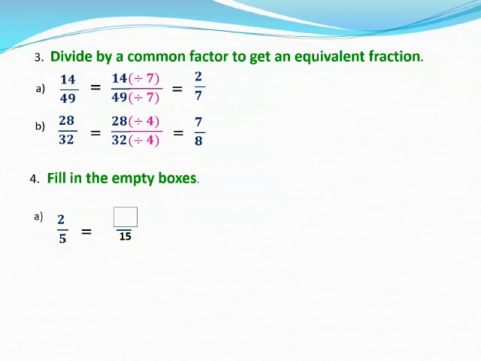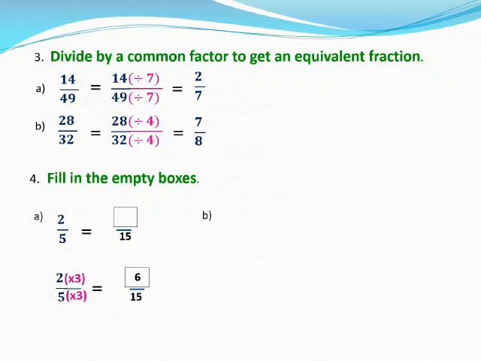So in the empty box, we have to find out a bigger number than 2. In this case, we have to multiply. So 5 into what is 15? 5 into 3 is 15. We have to multiply 2 also by 3. Then what do we get? 2 times 3 is 6. So here the answer is 6.